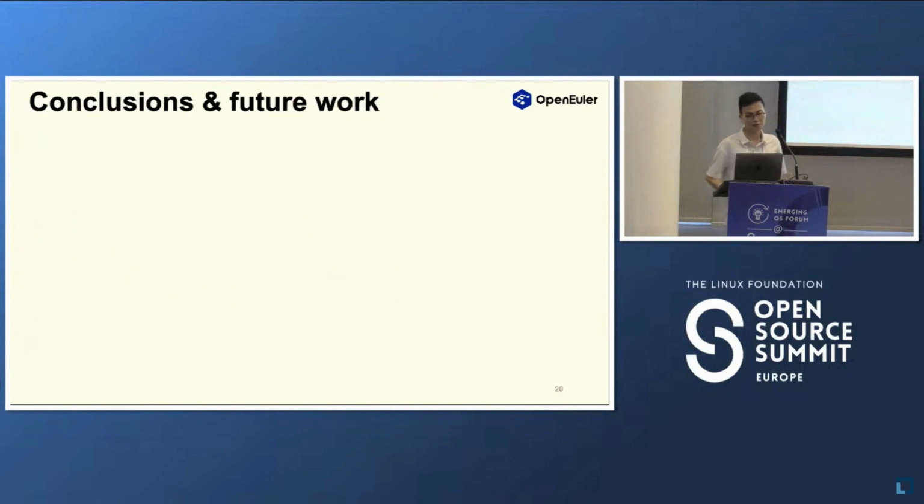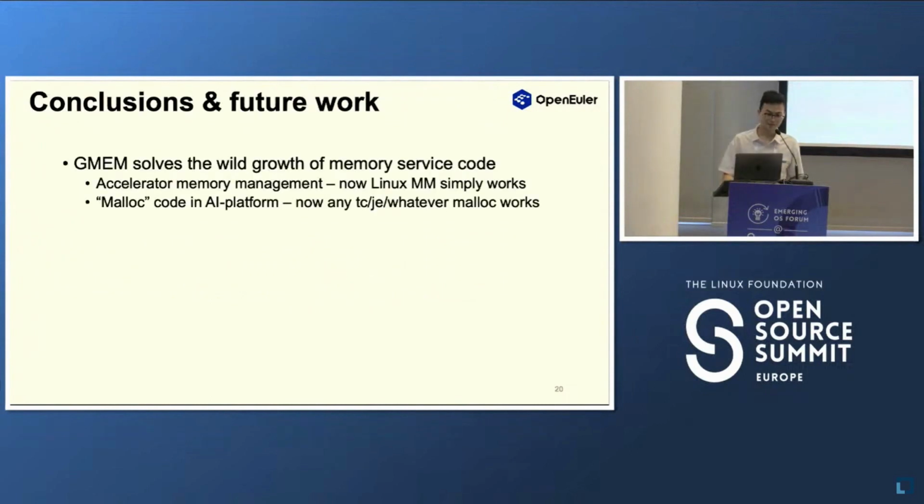To conclude our talk, GMEM solves the wide growth of memory management code. This not only includes your accelerator memory management in your device drivers, so that at this time the Linux MM simply works for your accelerator. We also prevent AI platforms from writing further malloc code, and the malloc code in PyTorch and TensorFlow doesn't really work well.